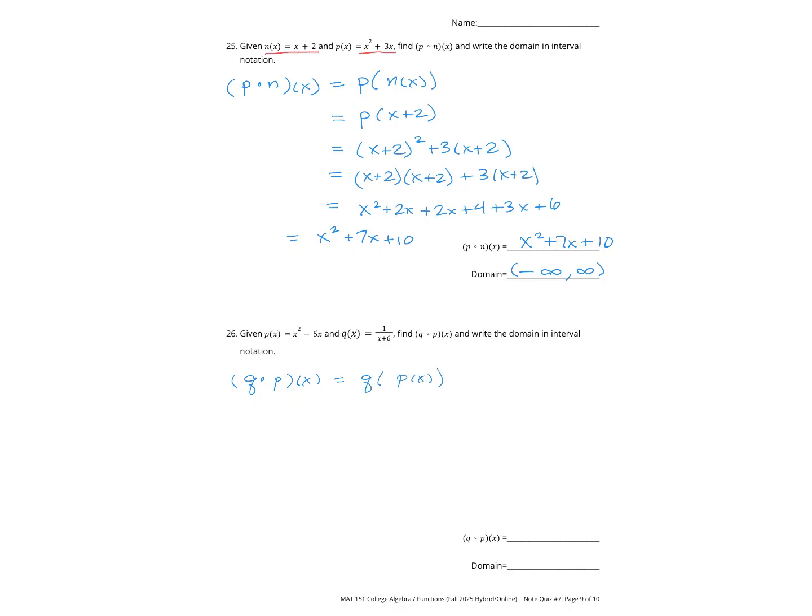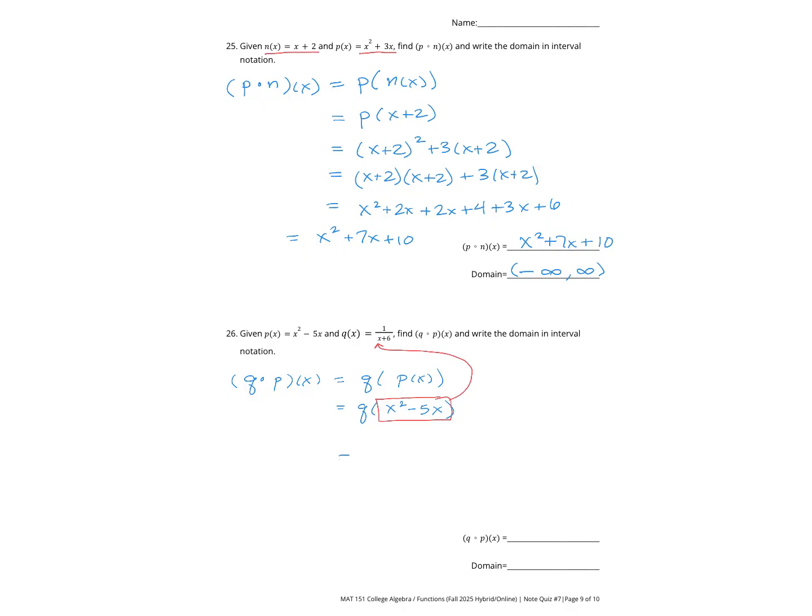What I'd like to do next is replace the p formula with what it was. So that is q of x squared minus 5x. And then we're going to put that into the formula in place of the x. So I'm going to draw a little arrow here and show that this is going to go into the x's in the q formula.